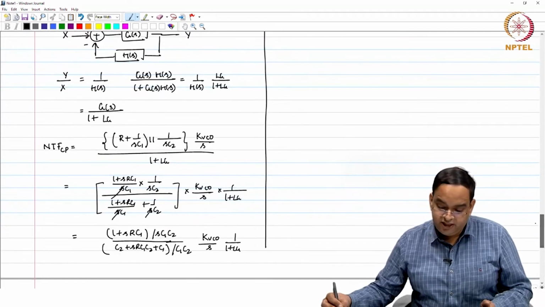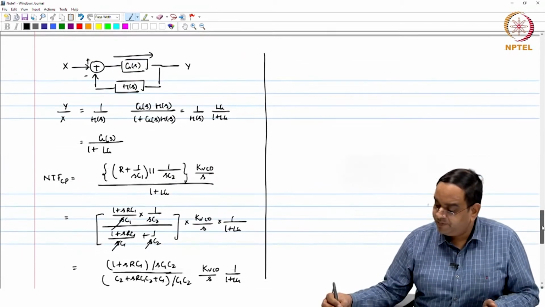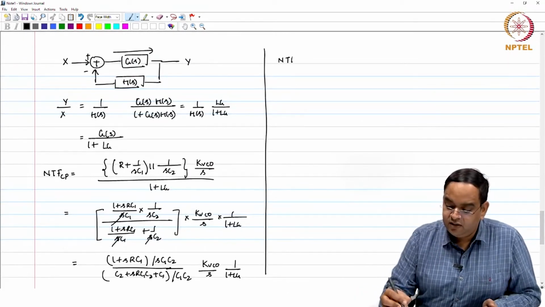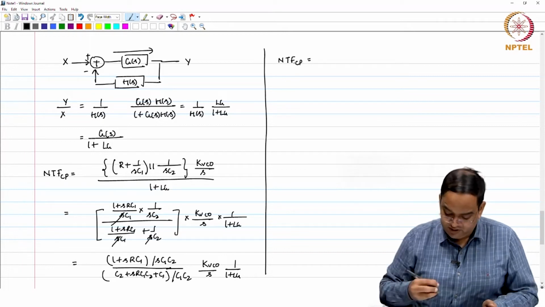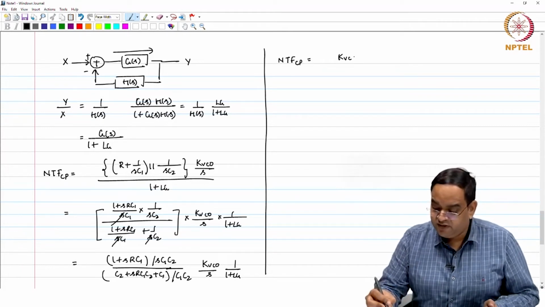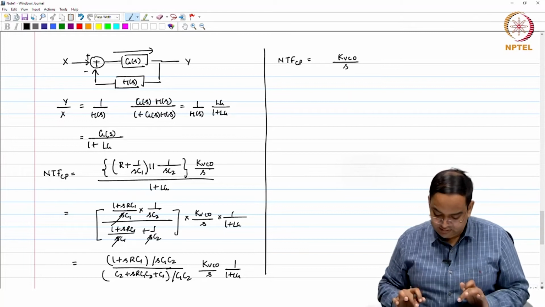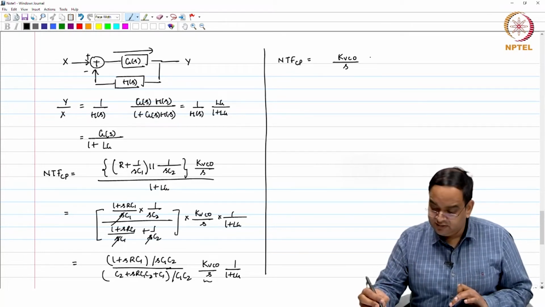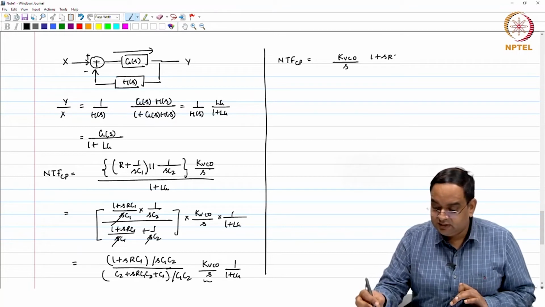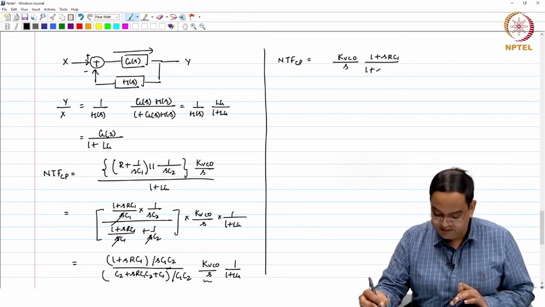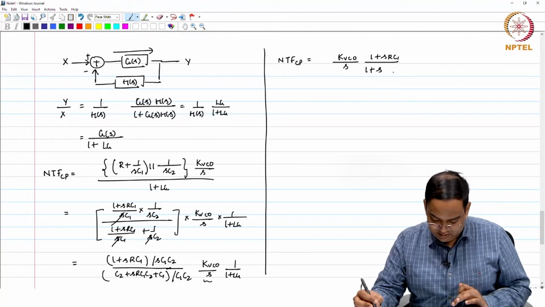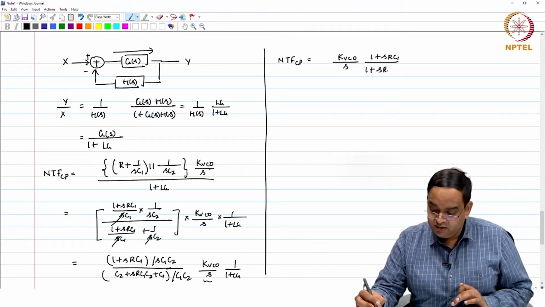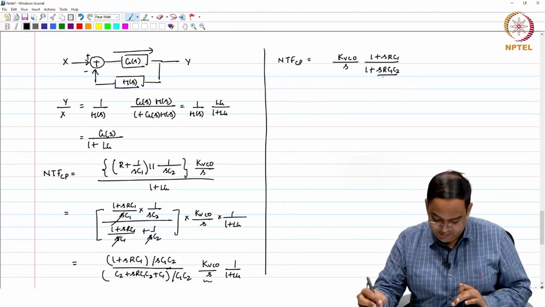So, what do you see here right now? You see that NTF of charge pump is equal to KVCO by S, okay, KVCO by S times 1 plus SR C1 divided by 1 plus SR C1 C2 divided by C1 plus C2.